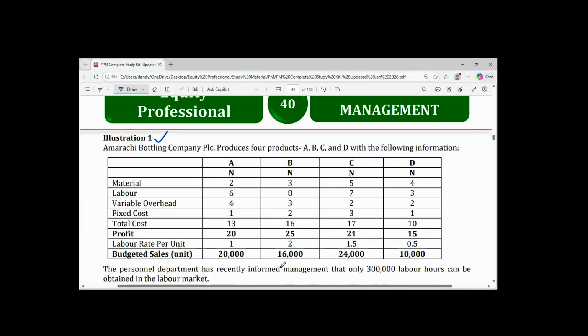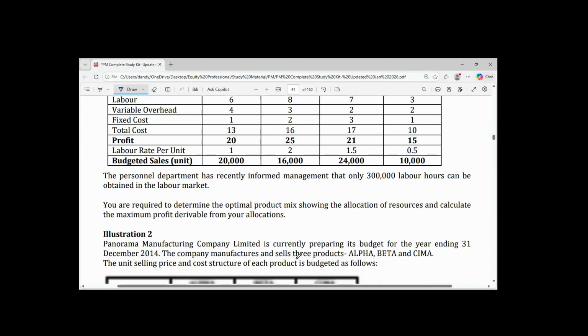Amarachi Bottling Company PLC produces 4 products, A, B, C, and D, with the following information. The personnel department has recently informed management that only 300,000 labor hours can be obtained in the labor market.